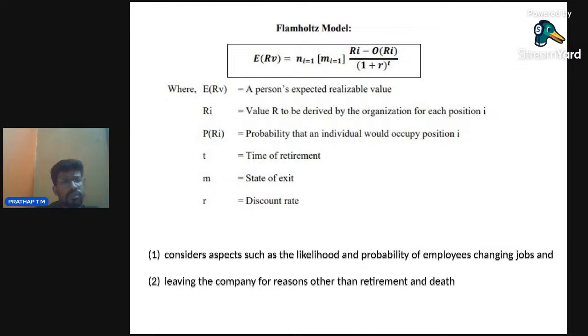In such cases, if you use a stable model, you are not able to determine the right or perfect value. So for that reason, the model suggests determining how many times he changes jobs, that is, the probability that an employee changes his job. Based on that, we determine the value of human resources.